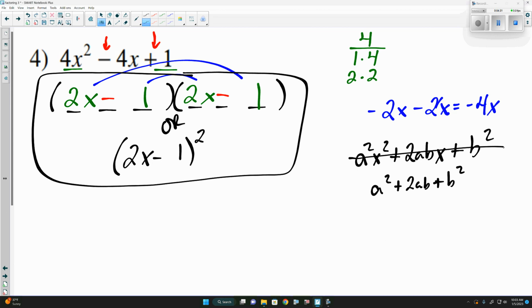Figuring out what a and b are, but I feel it's almost faster or equally as fast to just factor the thing than to try to use this formula. Because this ends up being a plus b squared. So, questions on this here?